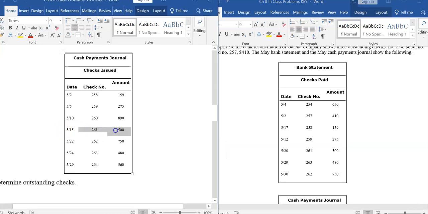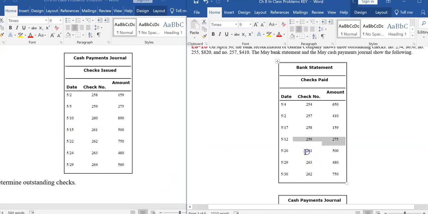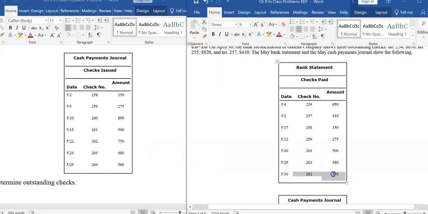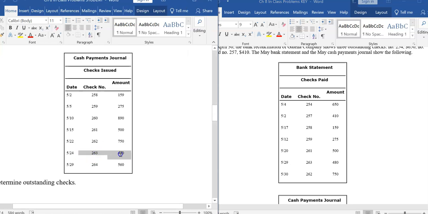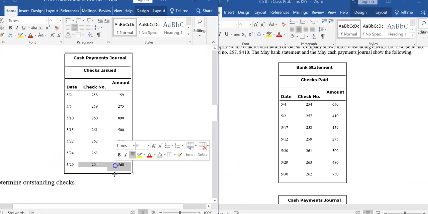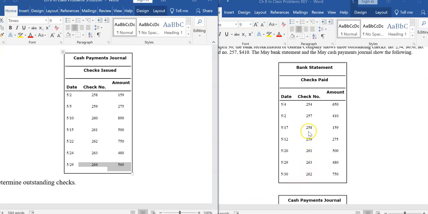Check 261 was issued during May, and it also cleared. Check 262 was issued during May, and yep, here's check 262. It cleared the bank, so it is not outstanding. Check 263 was issued during May, and it cleared the bank, so it is not outstanding. And check 264, I am not seeing check 264 on here.